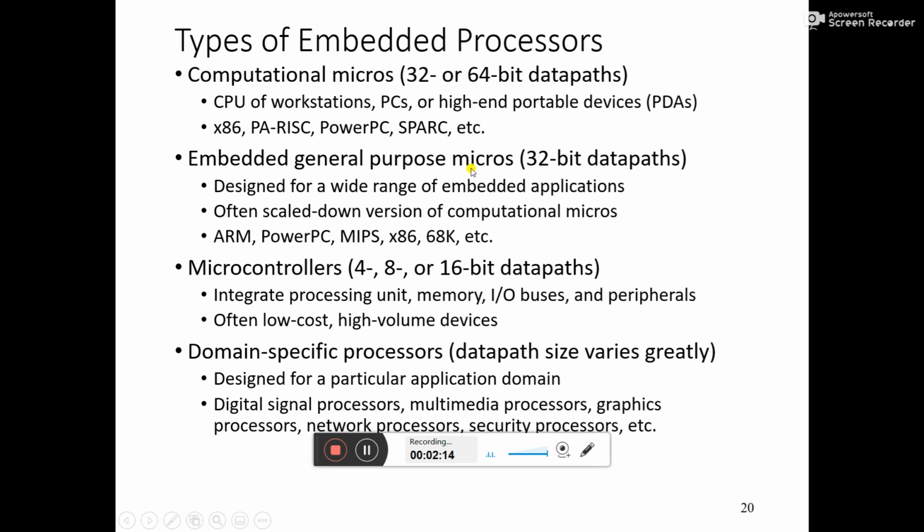Next are embedded general purpose micros, which have a 32-bit data path, and they can handle and easily manipulate 32-bit information at a time. They are designed for a wide range of embedded applications and are often scaled down versions of the computational micros.